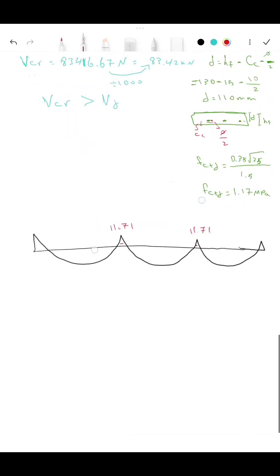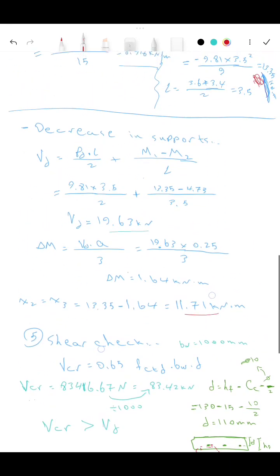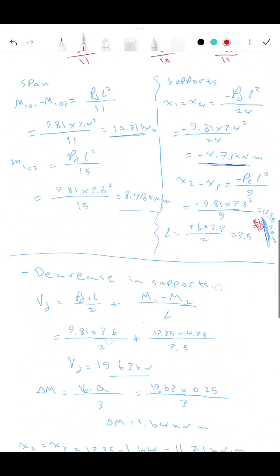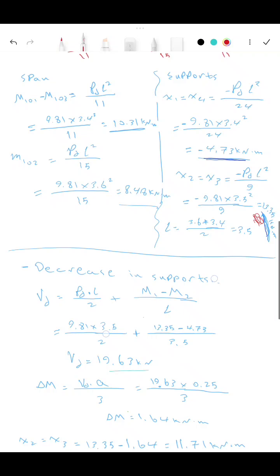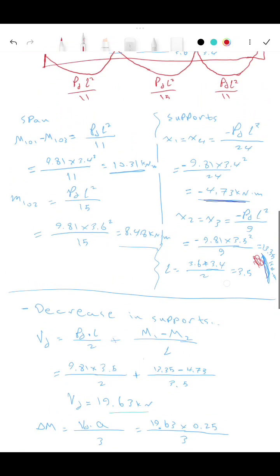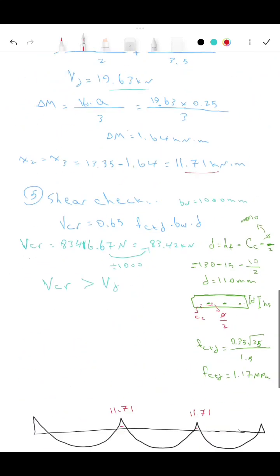After that, we also have 4.73, 10.31, 8.48.